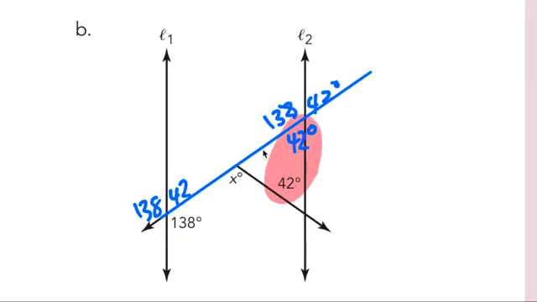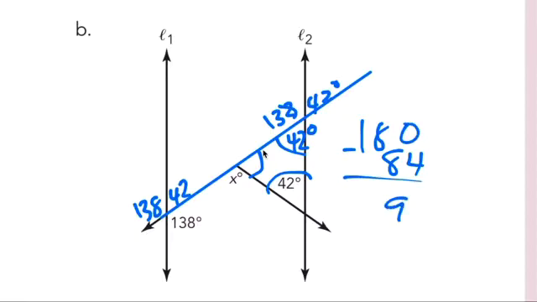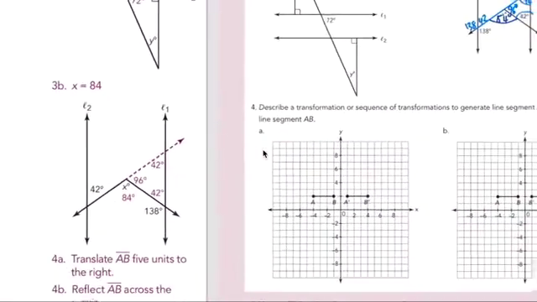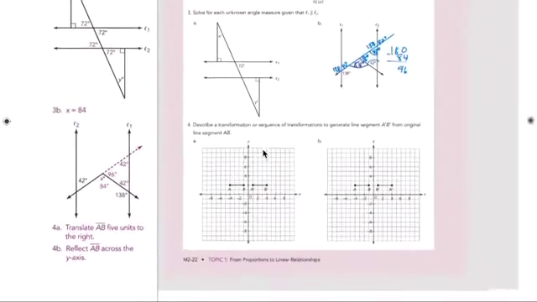Add these two together to get 84. We can find this degree here because it's 180 altogether. Subtract that from 180, we get 96 degrees. So this is 96 degrees. This is 84 degrees. X is 84. That's B. Check. Yep, that's what they got. Okay, A.